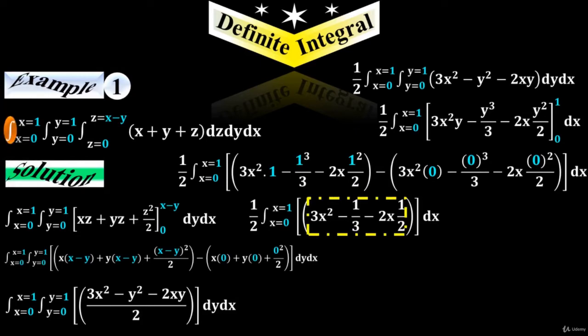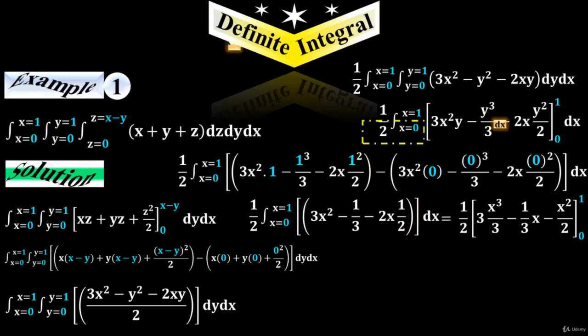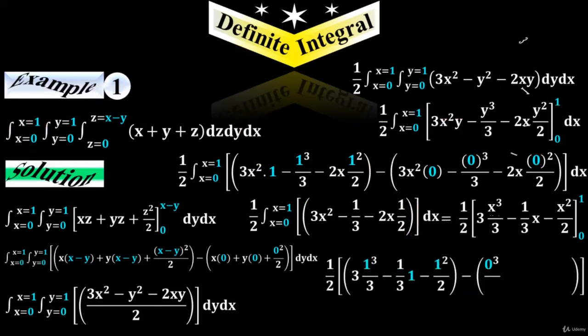Now take the last integration. Just integrate the final value with respect to x. After integration we have 1 over 2 times 3 times x cubed over 3 minus 1 over 3 times x minus x squared over 2. Substitute the value of limits here.